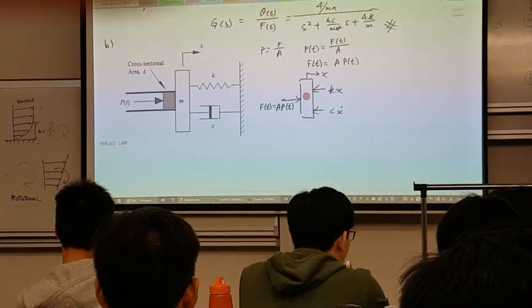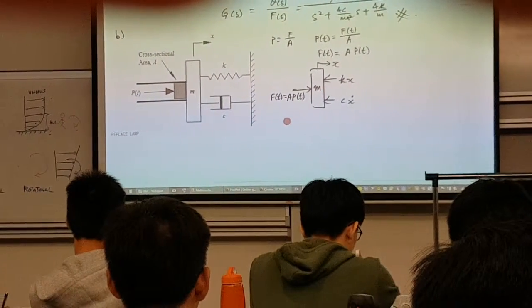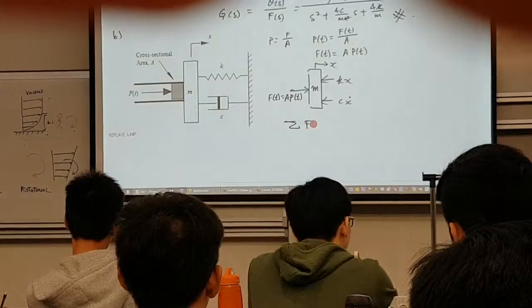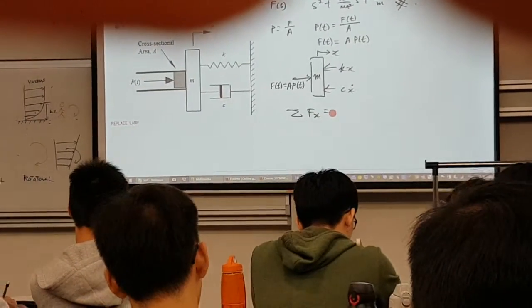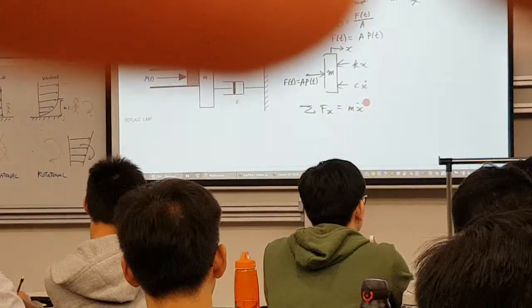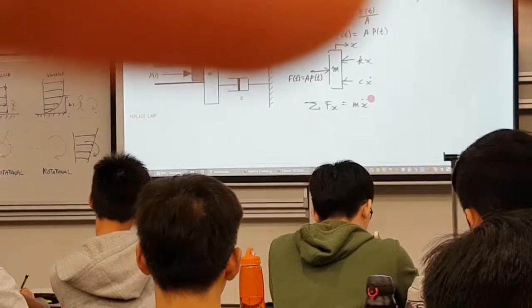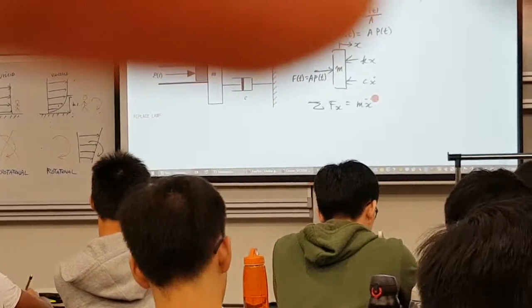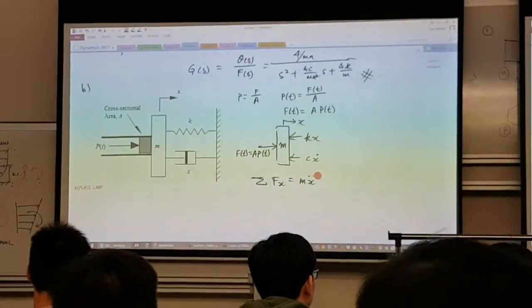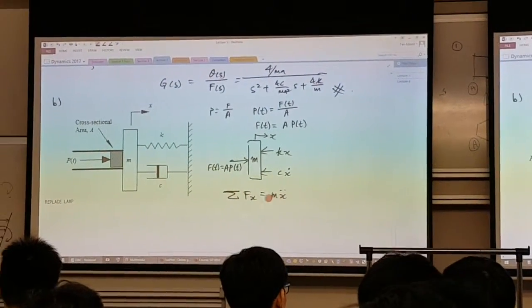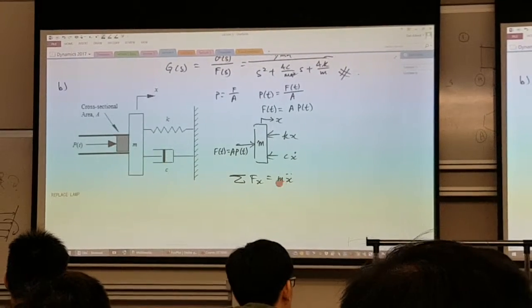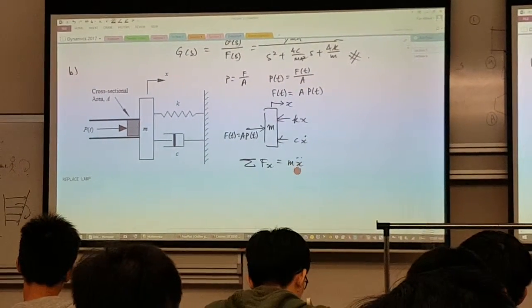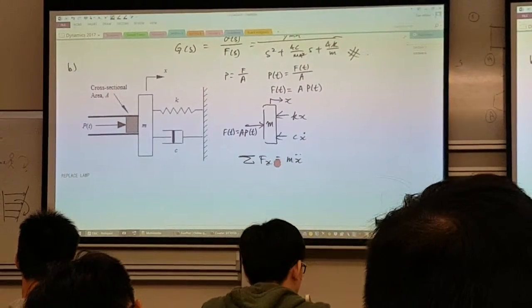So after that free body diagram, I'm going to sum up the forces and go into the dynamic condition directly. I'm starting to draw a lot of words now. I don't even write dynamic condition. We'll be able to know just by looking at this equation, it's talking about dynamic condition. If it's not, then the sum of the forces will be equal to 0.